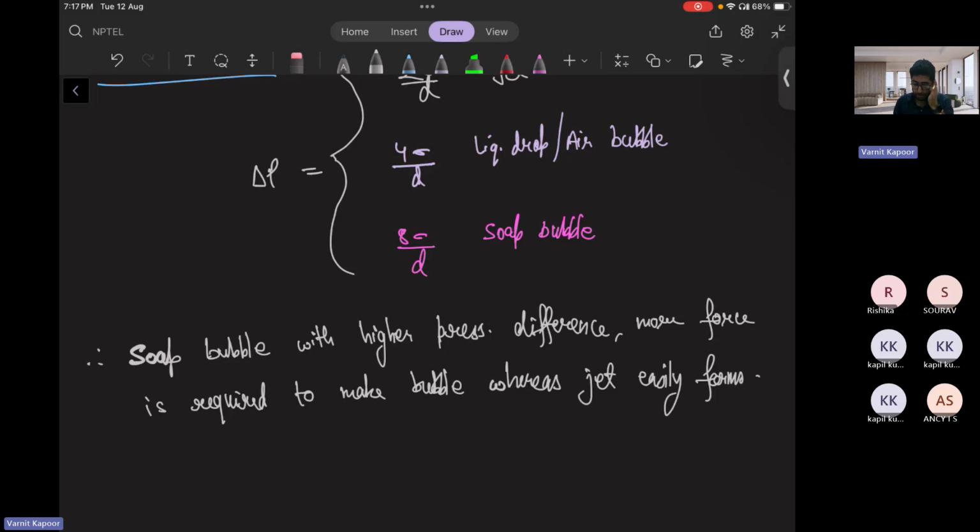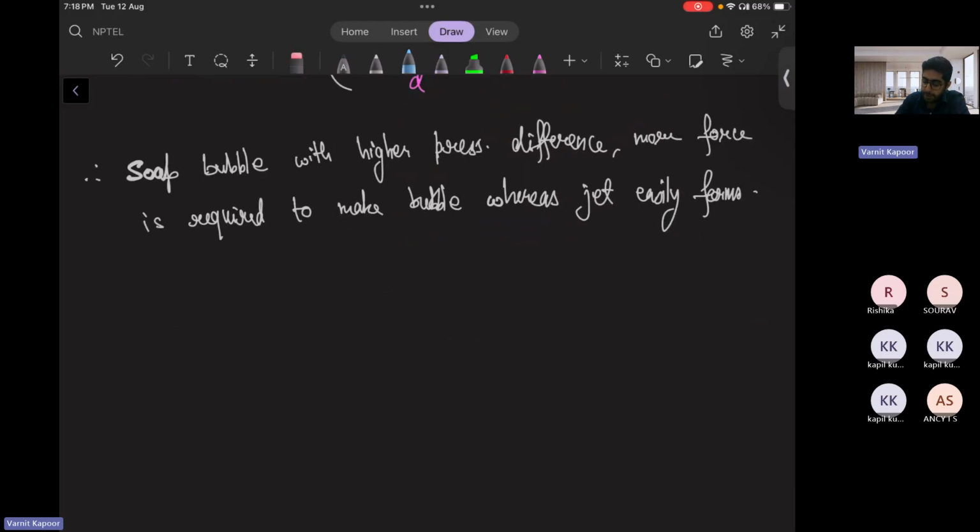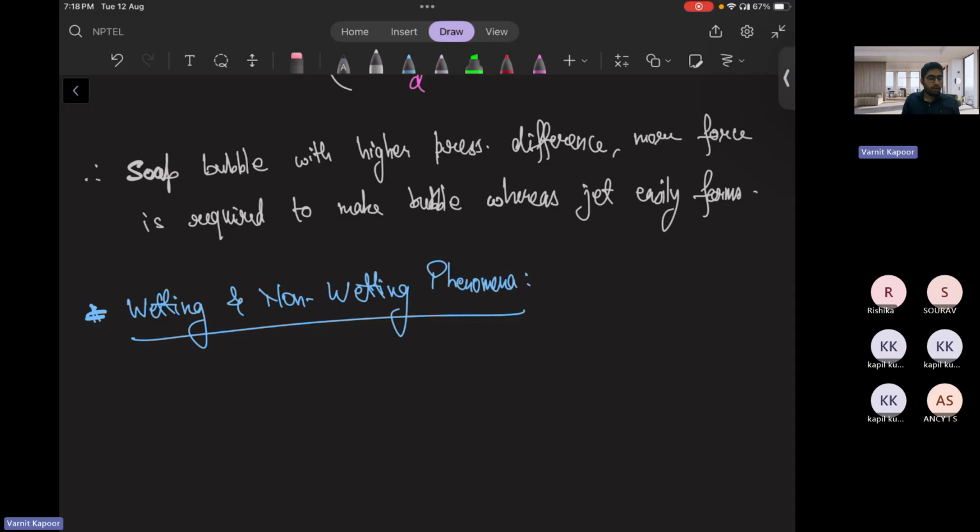Okay, all right, clear. Now we will come to the concept of wetting and non-wetting phenomena. By wetting we mean that a liquid can wet the surface, or a liquid cannot wet the surface, which is non-wetting.